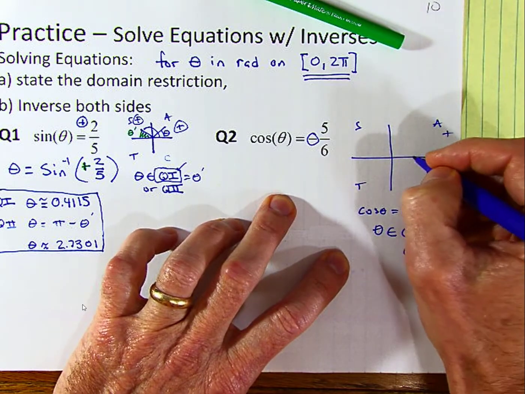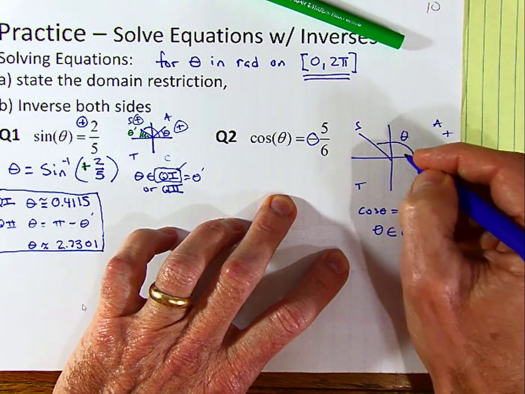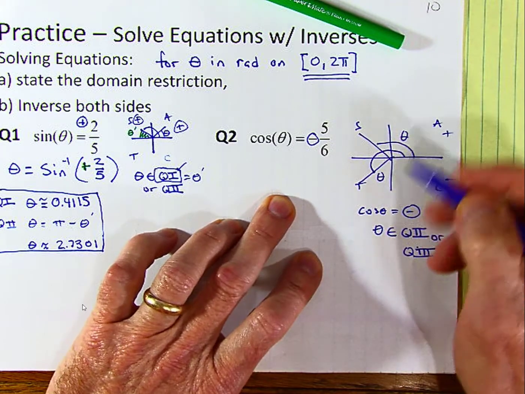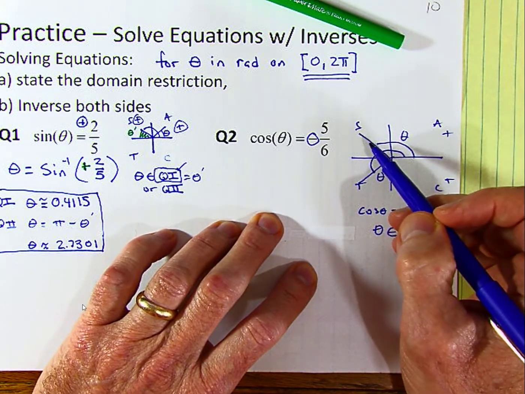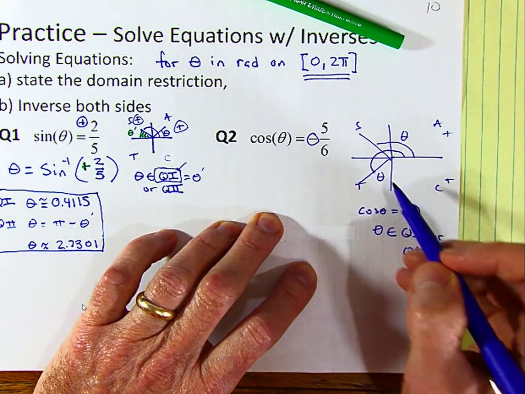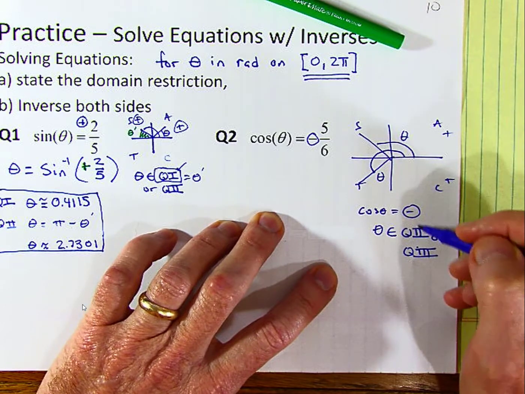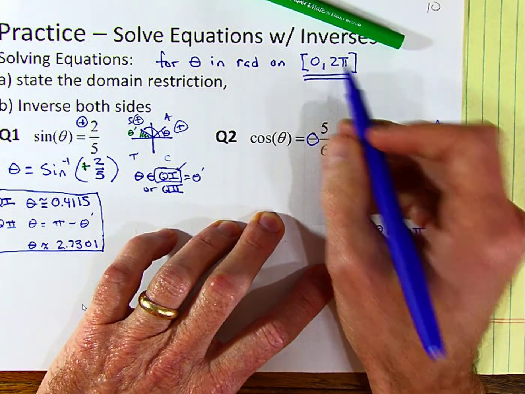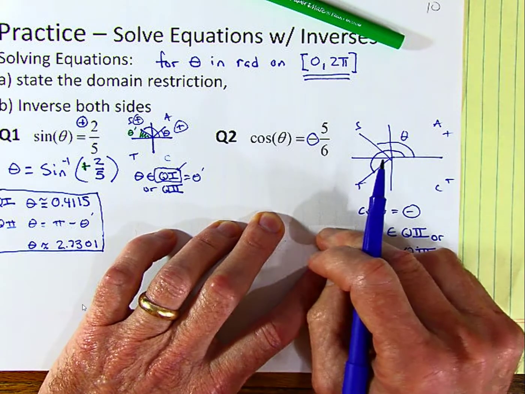So whatever my angle is, I have one coming over here, and I have another one coming over here. I have 2 answers I got to find. The second quadrant, cosine is negative. Third quadrant, cosine is negative. So I'm looking for 2 solutions between 0 and 2 pi, and they're going to wind up in the second quadrant and the third quadrant.